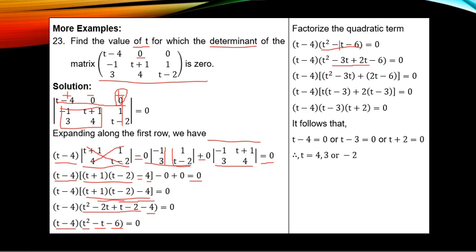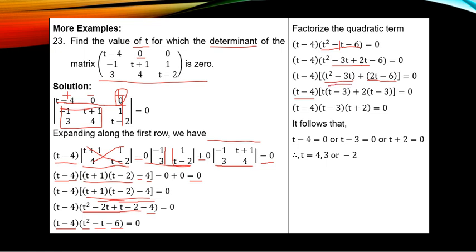Once we achieve this, the purpose is to have 4 terms that are grouped together. So the first group is the first 2 terms, t squared minus 3t, then plus the second group, the last 2 terms, that is 2t minus 6. From the first group, t is the common factor there.